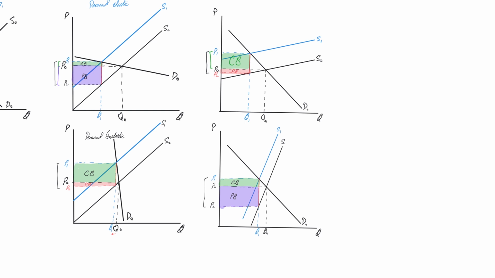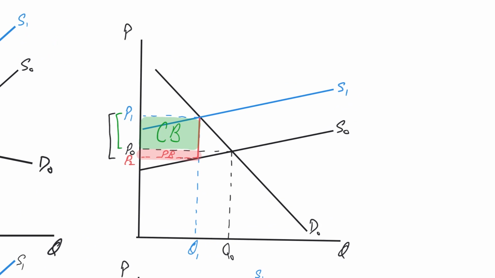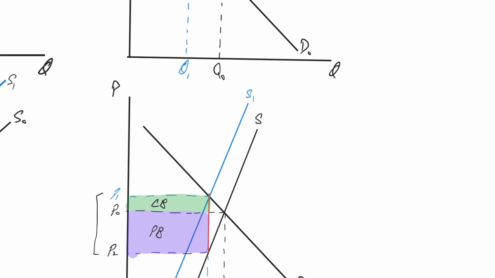All right, who bears more burden, this is how the elasticities suggest. So this is supply elastic and supply inelastic.